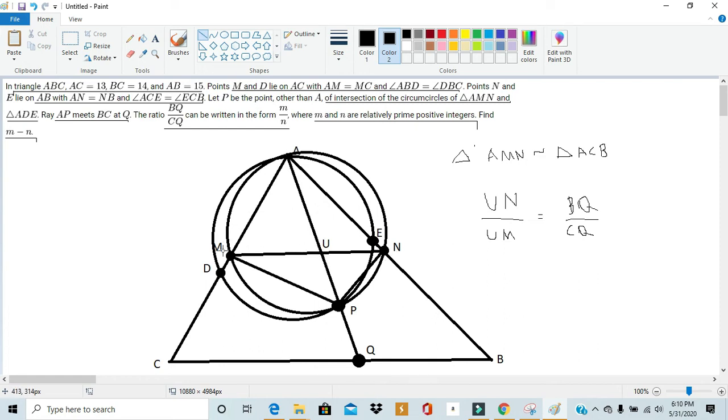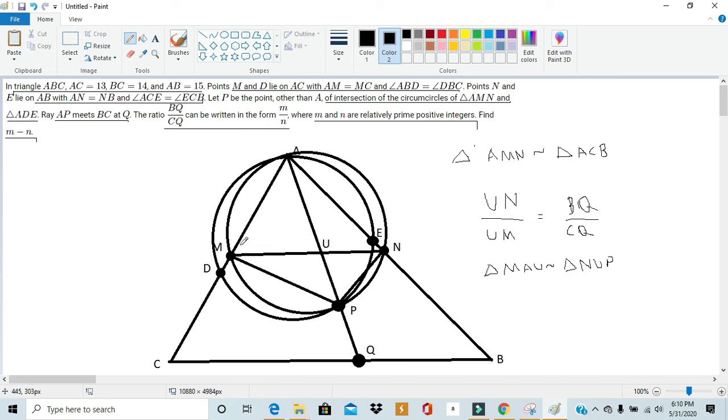And we also see that angles MAP and MNP are also the same because they both intercept the same arc. So if this angle and this angle are congruent to this angle and this angle, through AA similarity, we see that triangle MAU is similar to triangle NUP.